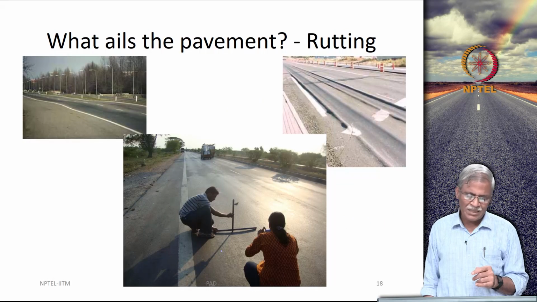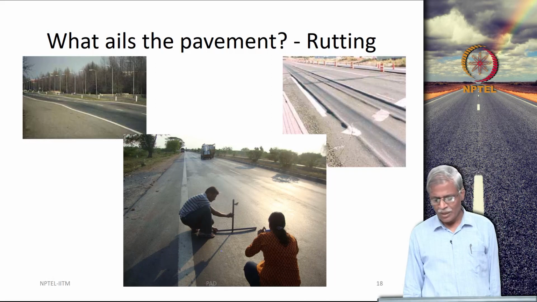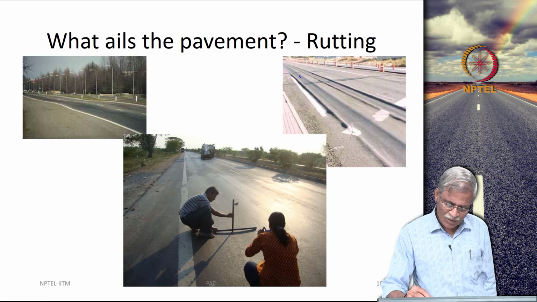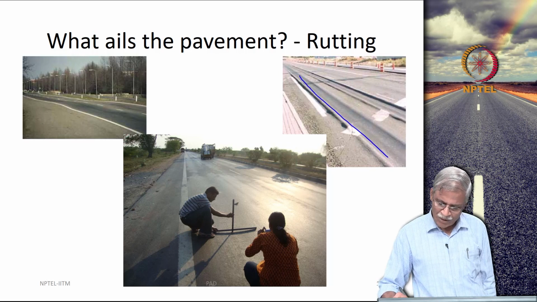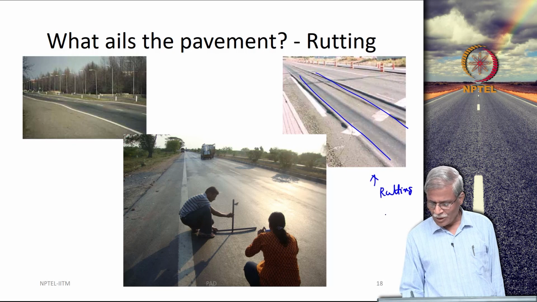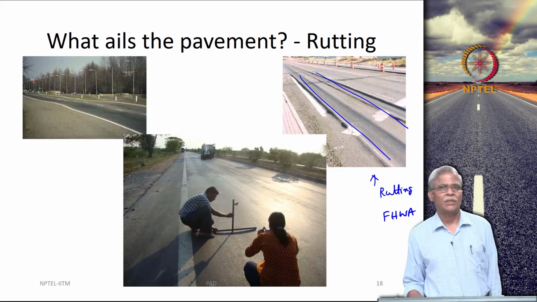Now, the next thing that we want to talk about is what is really called rutting, and you can see again all these things happen in the wheel path. This is an extreme case of rutting. You can see such pictures if you go to the Federal Highway Administration site.